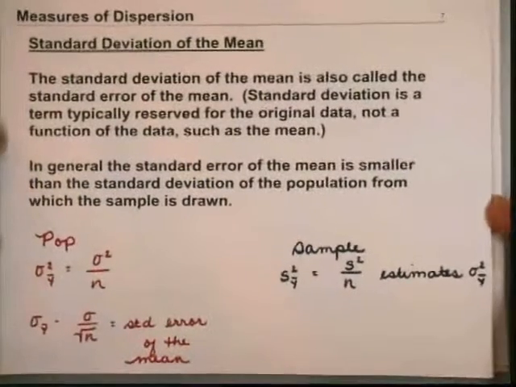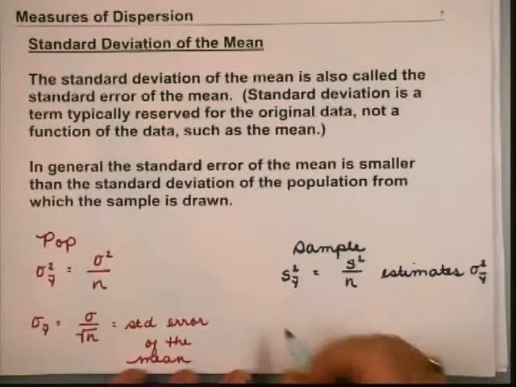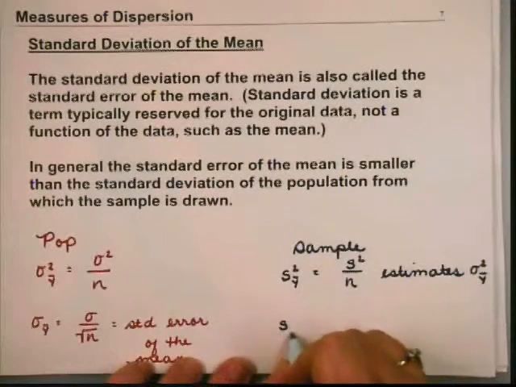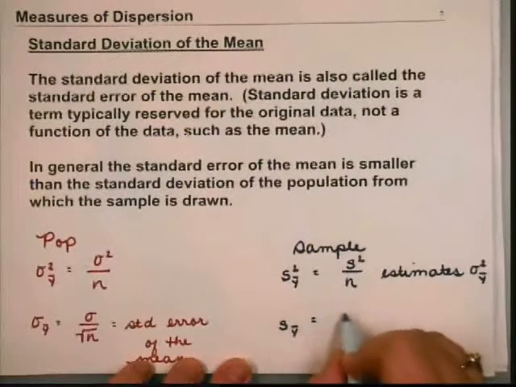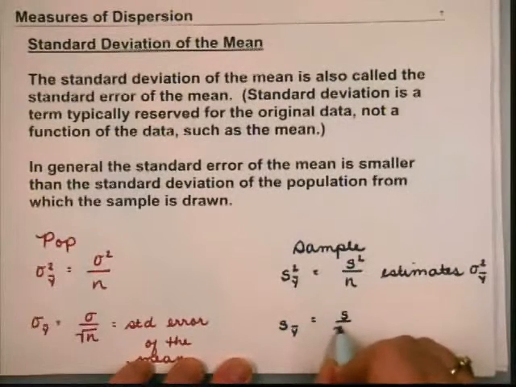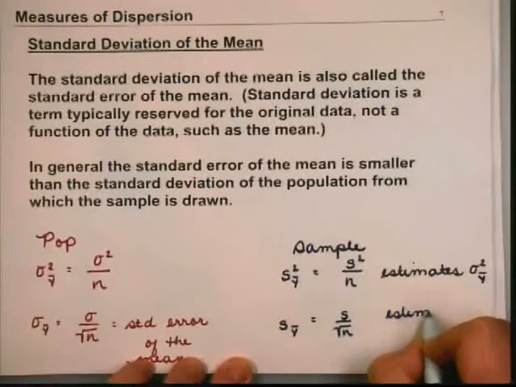When we take the sample, we don't know what sigma is, right? So we have to use our sample information, and this s squared with subscript y bar estimates the variance of the y bars. And if we take the positive square root of this, we end up with s with subscript y bar equal to lowercase s over the square root of n. This is referred to as our estimated standard error.